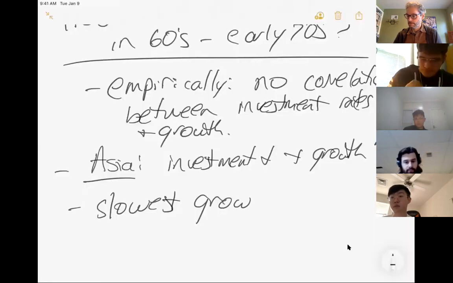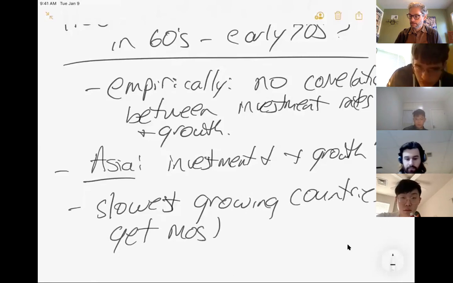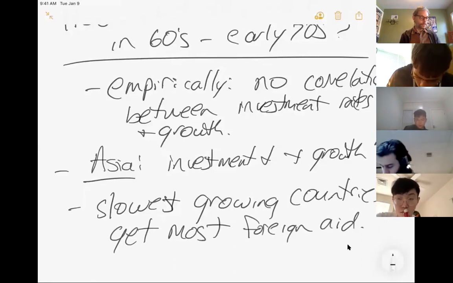No, no. In fact, once again, we really see the opposite relationship. The slowest growing countries get the most foreign aid.